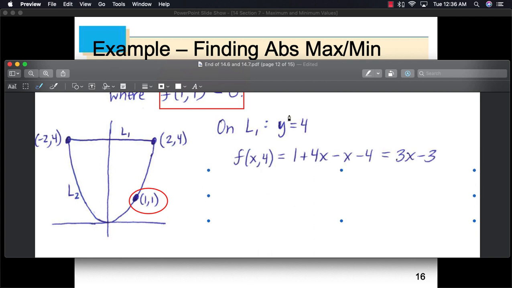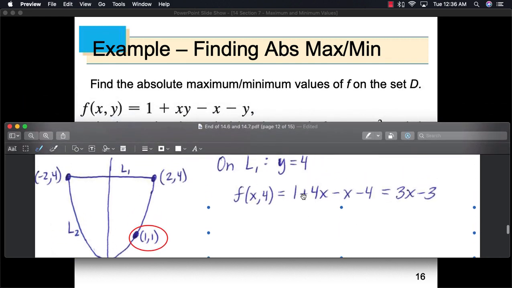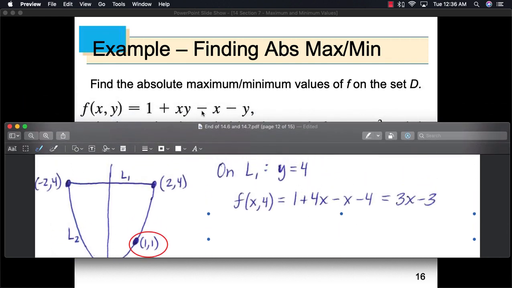So simply take that 4, and we plug it into the function given to us right here. Wherever I see the letter y, I replace it with a 4. It's going to give us this, which reduces to this.